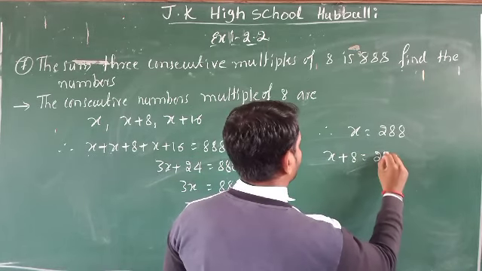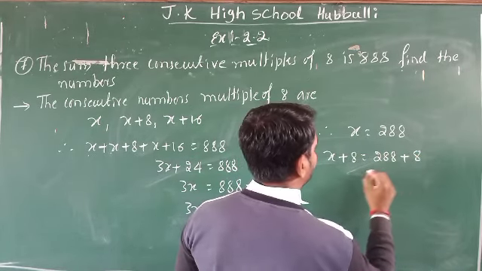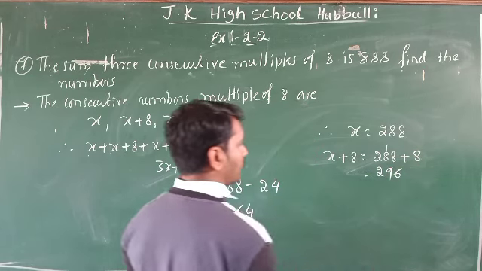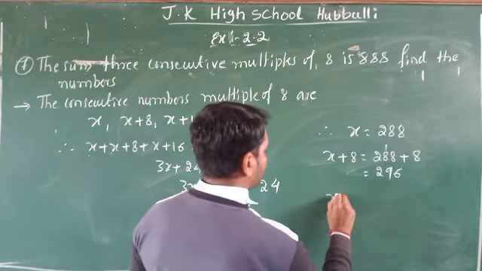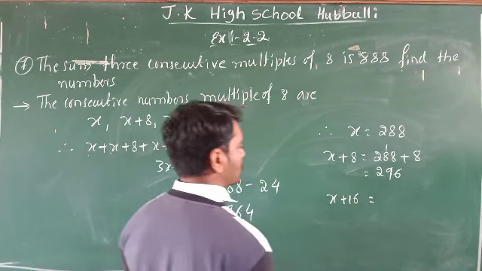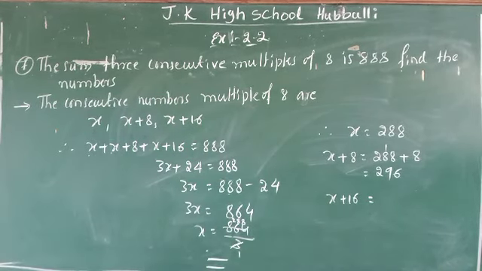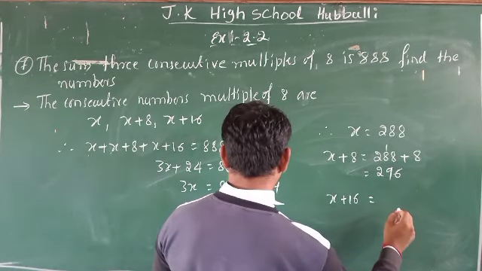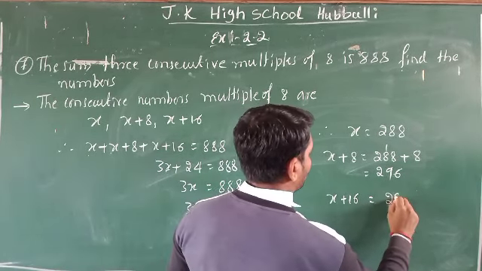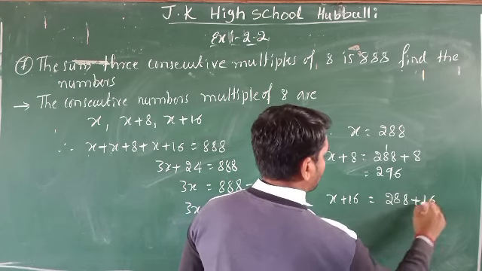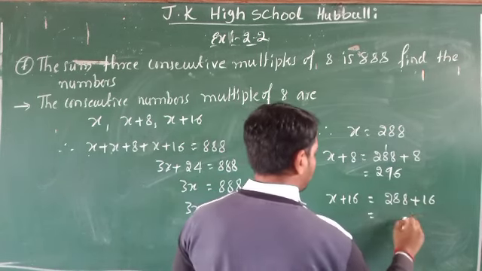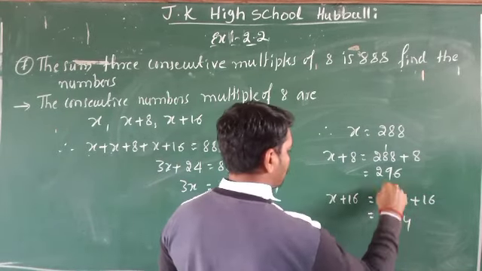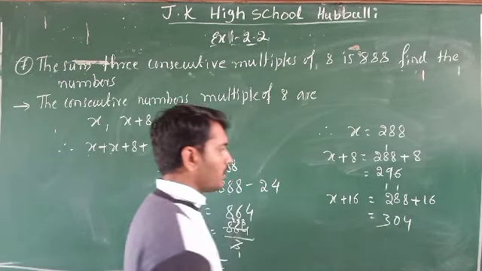Next, x plus 8 is there. 288 plus 8. 8 plus 8 is 16. 1 carry. 296. Next term, x plus 16. What is the x value? 288 plus 16. 8 plus 6, 14. 1 carry. 8 plus 1, 9. 9 plus 1, 10. 1 carry. 304.